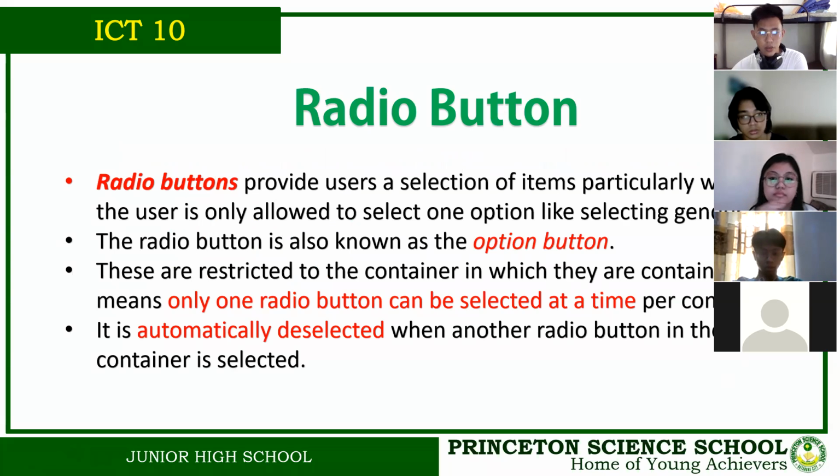Okay, radio buttons. Radio buttons provide users a selection of items, particularly when the user is only allowed to select one option. So if you're going to have just one option, you're going to use radio button. Radio button is also known as the option button. These are restricted to the container in which they are contained. So what does that mean? If they are put together inside a group box, inside that group box only one radio button is going to be selected.